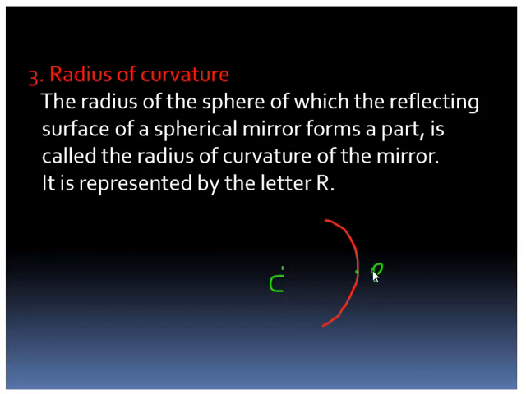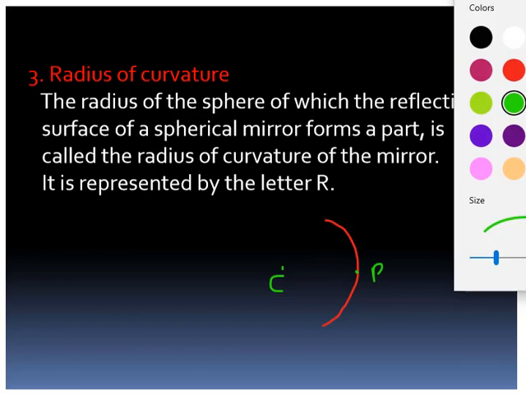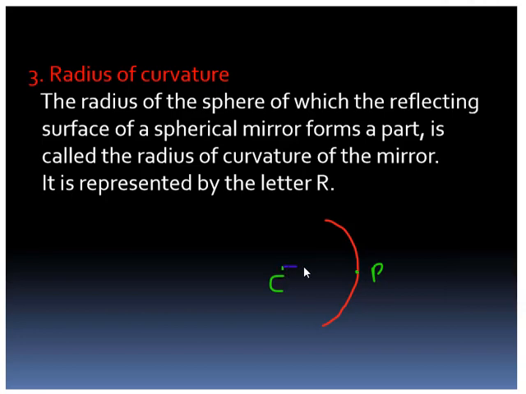If you join the center of curvature and the pole, it can be represented by the radius of this curvature, which is represented by the letter r. So this is a curve. If you draw a circle out of it, this is the center of curvature, this is the pole. The radius of curvature is the line that joins the center of curvature with the pole.